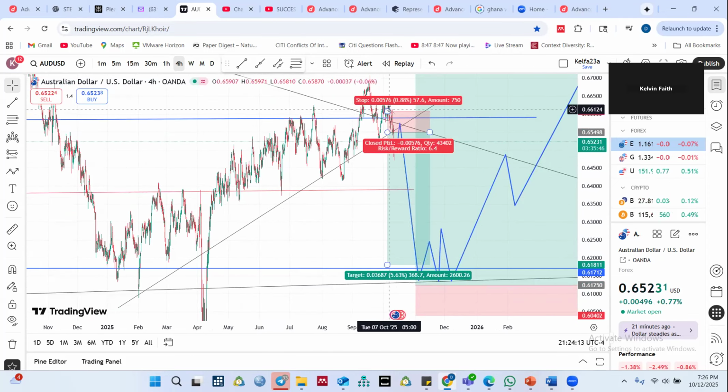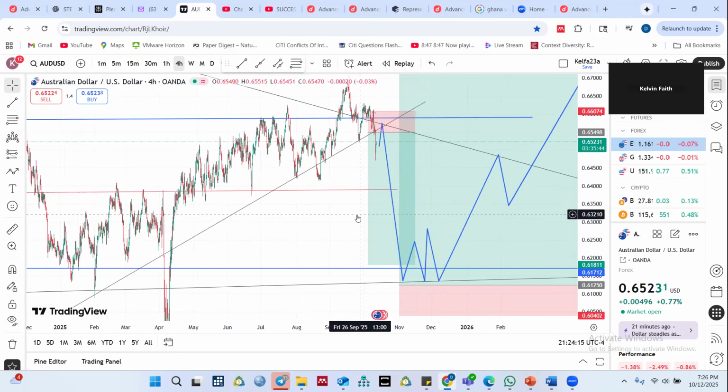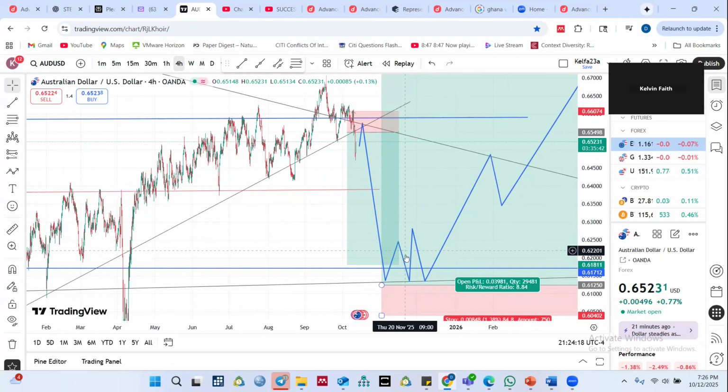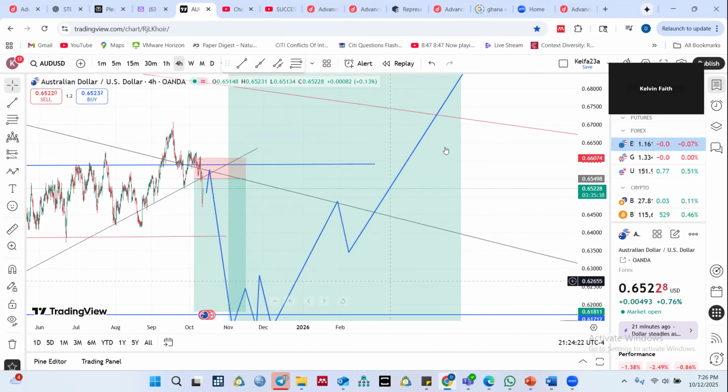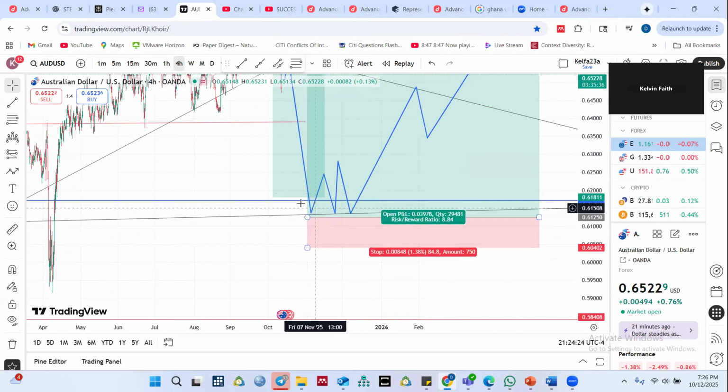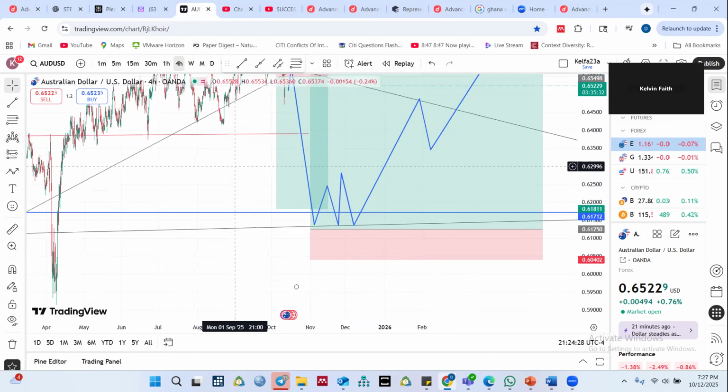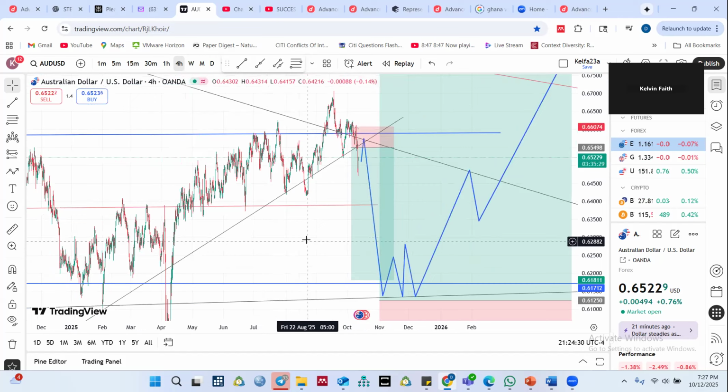And if we are able to get that into somewhere here, maybe in the next 2 weeks, we get price pushed down somewhere here, then we are going to target looking for longs as long as price stays above this blue line and the black lines here. So this is AUD USD.